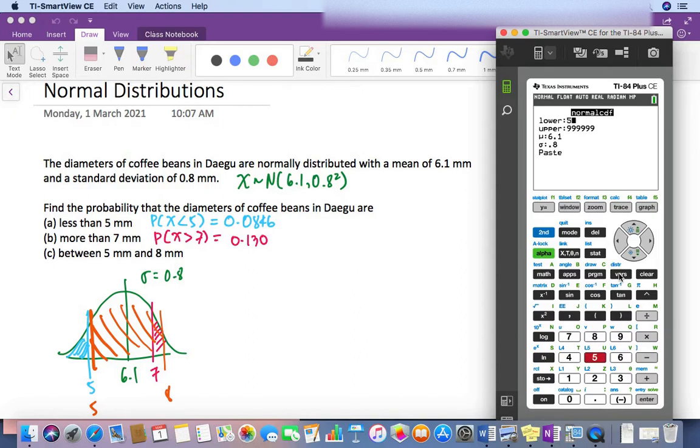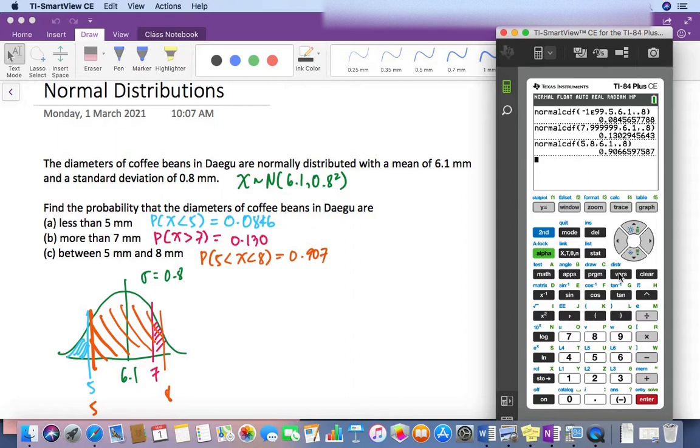So 5 and upper bound is 8 over here. Okay, so notation wise, I'm looking for the probability that x is between 5 and 8, and that's equal to 0.907 to 3 significant figures.